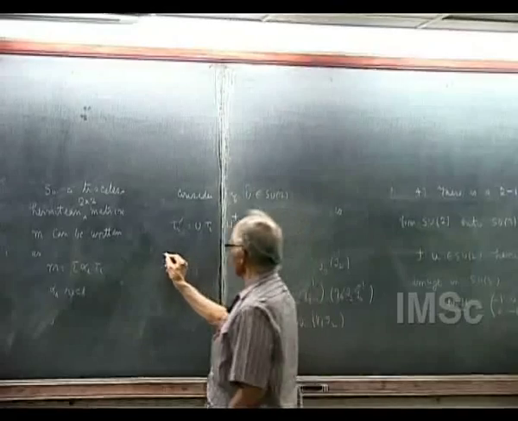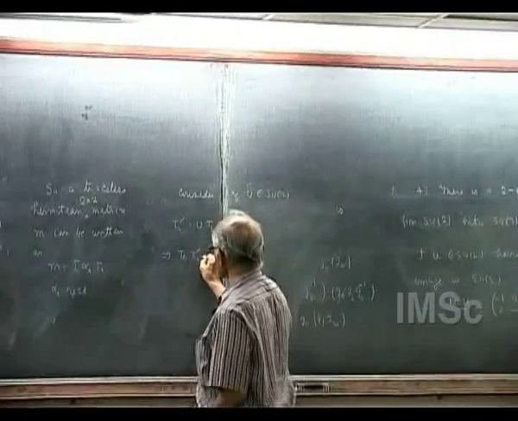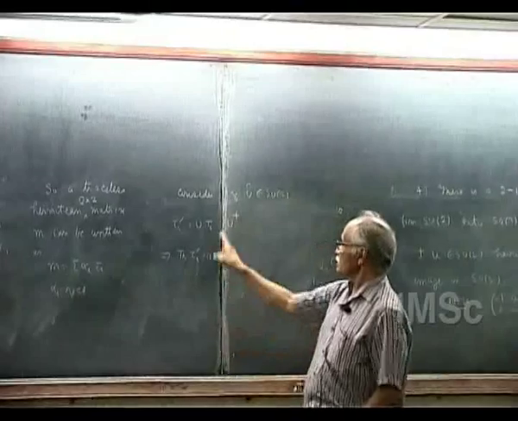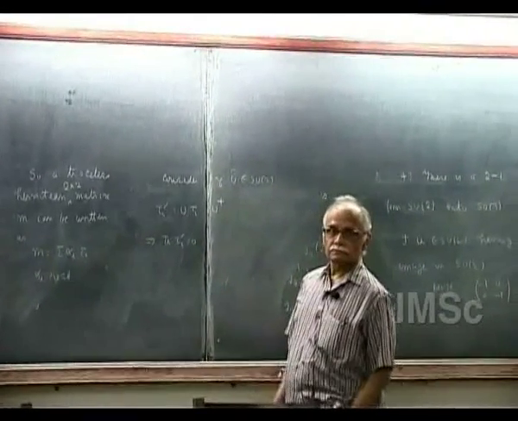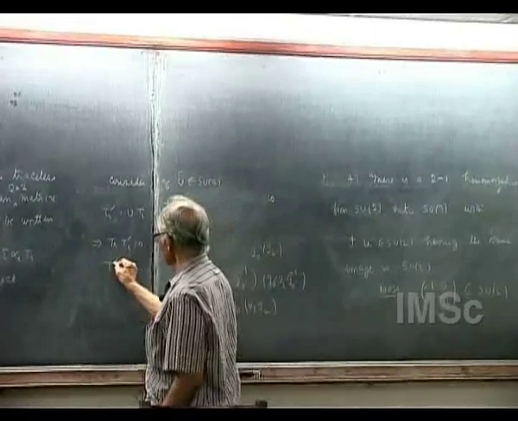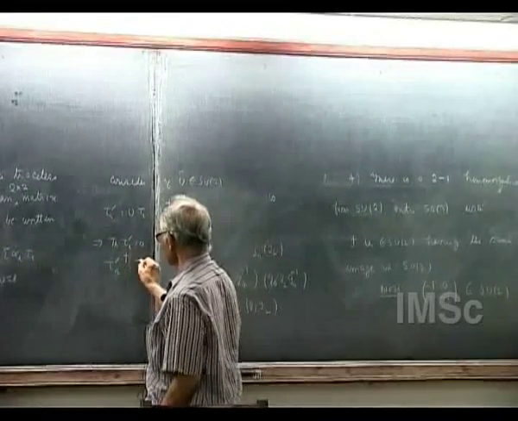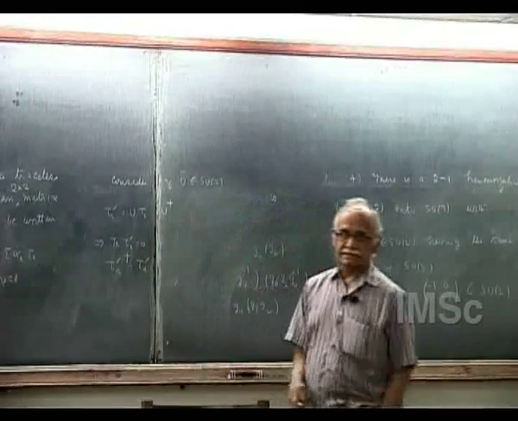From here you see the trace of tau i prime is 0 because of the cyclicity of the trace. We can write the inverse here. It is Hermitian, because when I take Hermitian conjugation, it does not change.